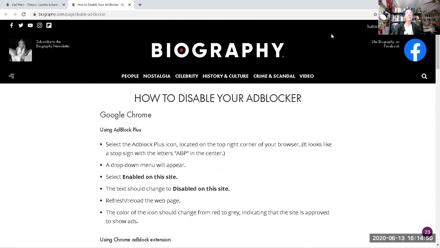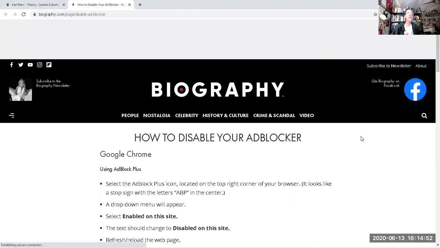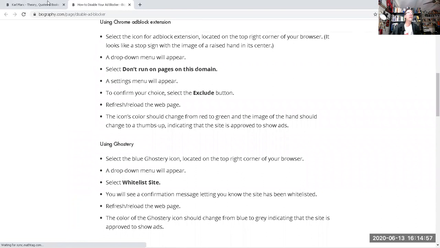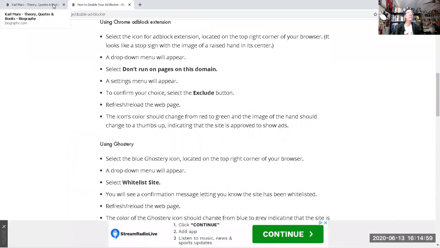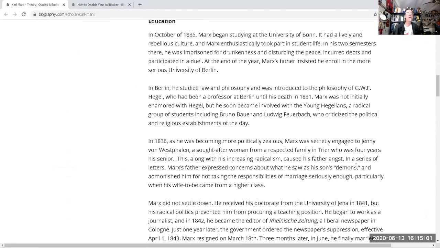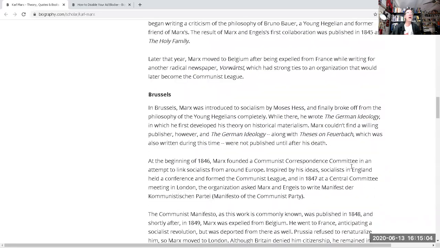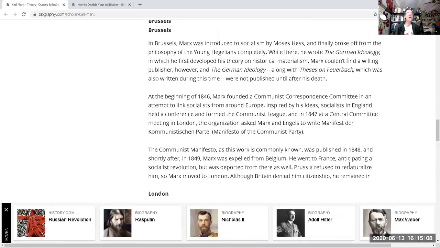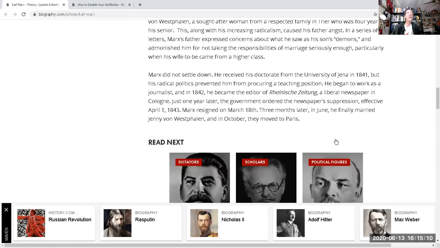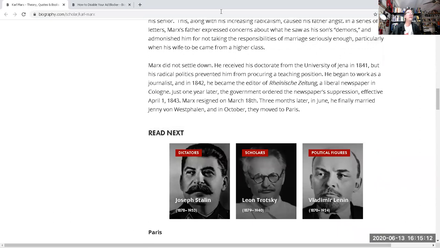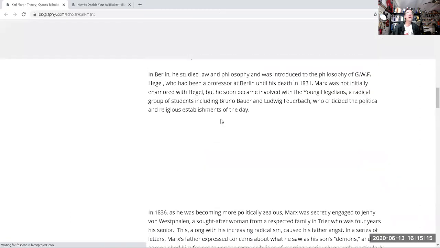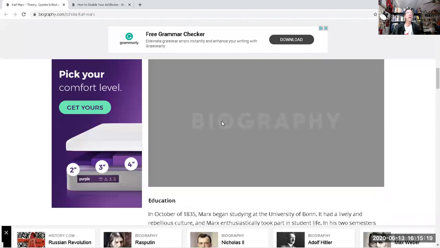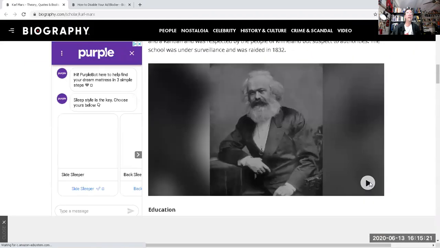Let's see if we have the link now. Well, sometimes this does not work. Let me reload the page as a whole. I think we're going to get it. Yes, here we go.